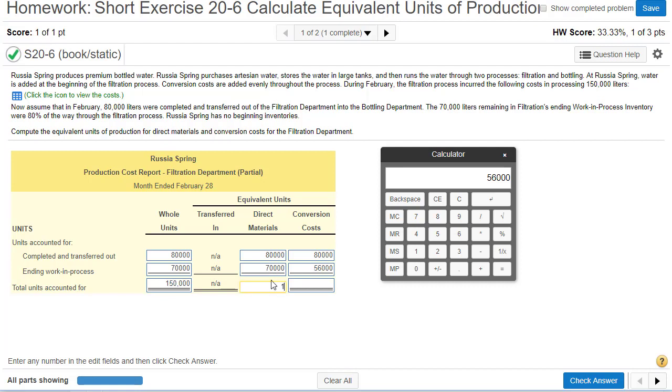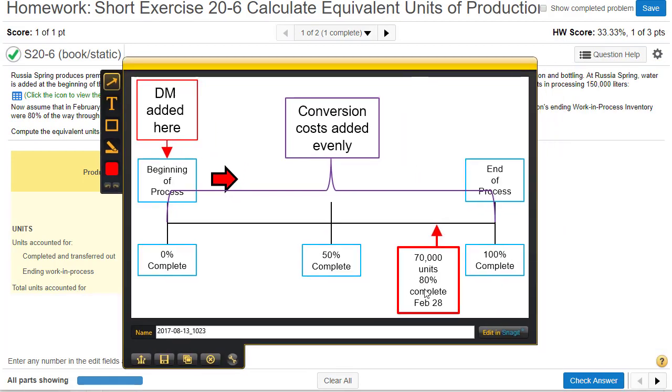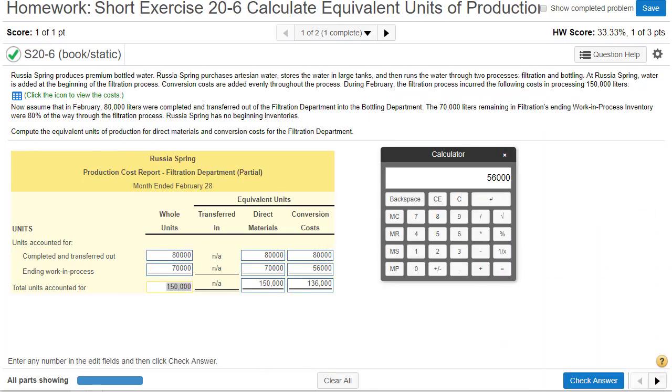This gives us 150,000 units for direct materials. And for conversion costs, we have 136,000. So this means equivalent unit-wise, 136,000 units had all of the conversion costs added to them, even though there's actually 150,000 units that are 80% done through the process.